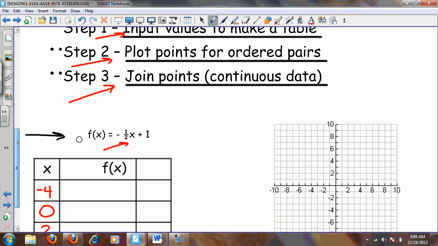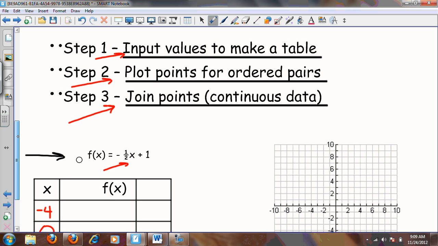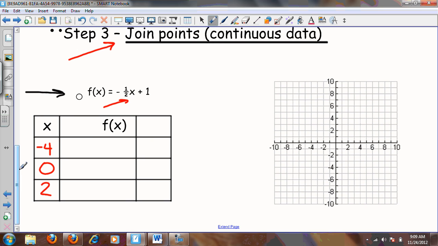So, step 1 was input values to make a table. Here are my values. Let's put them in. If x is -4, then I have -1/2 times -4 plus 1. Then -1/2 times 0 plus 1. Then -1/2 times 2 plus 1.